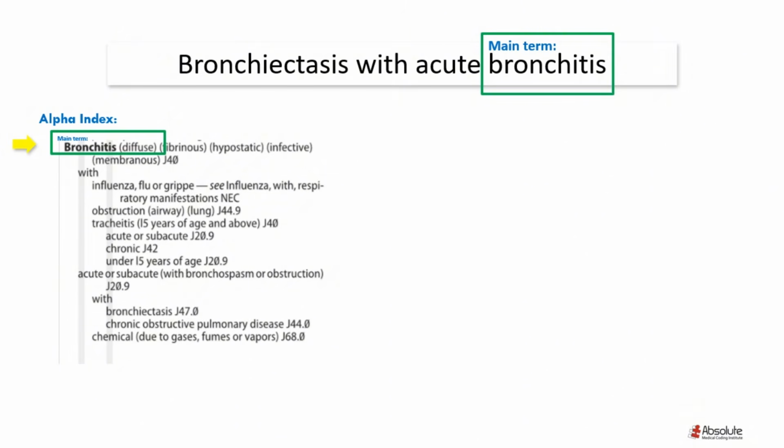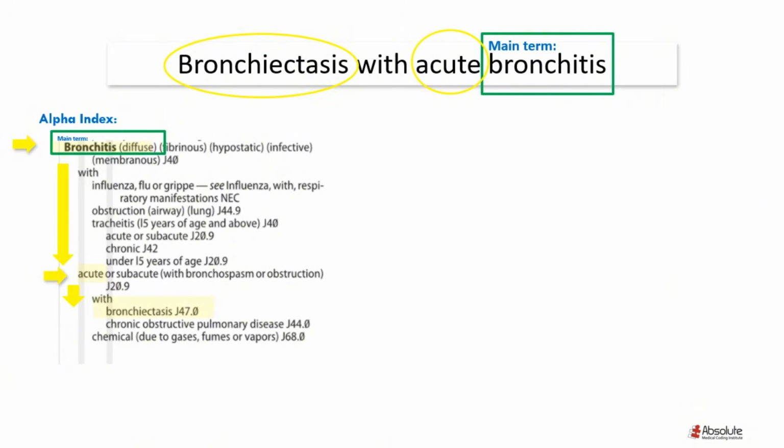I'm not going to select the code that's there because I need to go further, right? So bronchitis to acute, right? Then underneath acute, with bronchiectasis. And where you end up, that will be your code.